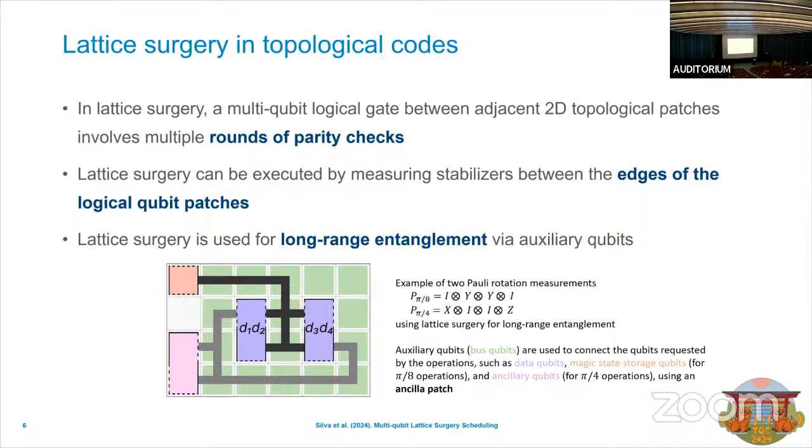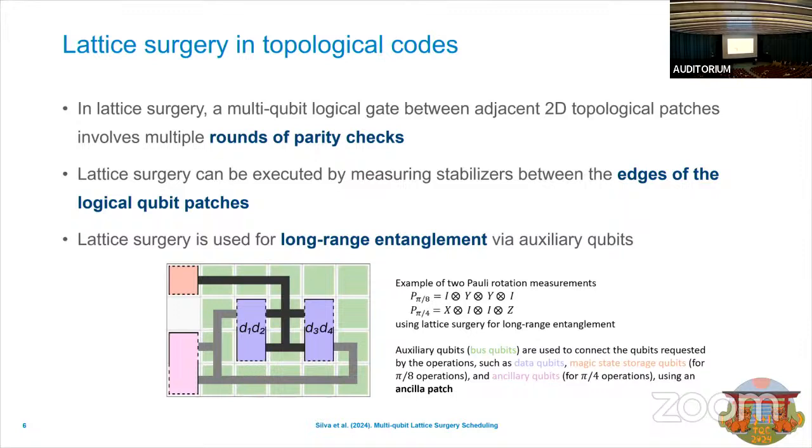I give here a simple example so you can understand. Let's say we have these two operations: a pi/8 rotation requesting the Y and Y operators of qubits 2 and 3, and a pi/4 rotation requesting the X of the first qubit and Z of the 4th qubit.